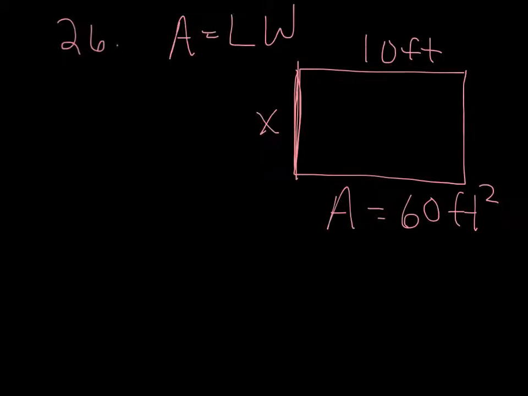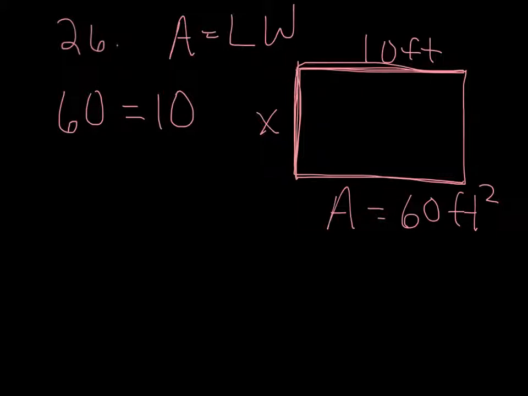So maybe you can do this in your head. Really, it's just 10 times what number equals 60, right? But let's do it algebraically. So they gave us area, that's 60, and they gave us length, and they gave us the width, which is that x. So this is my length, this is my width.